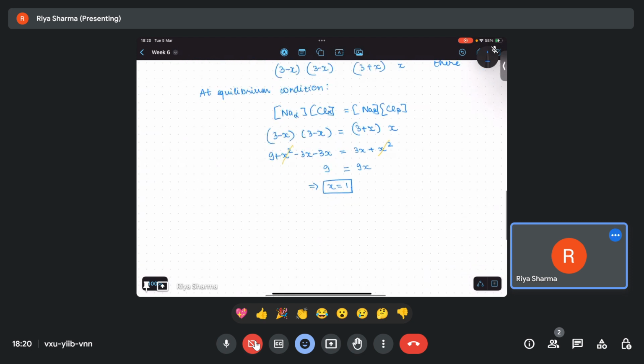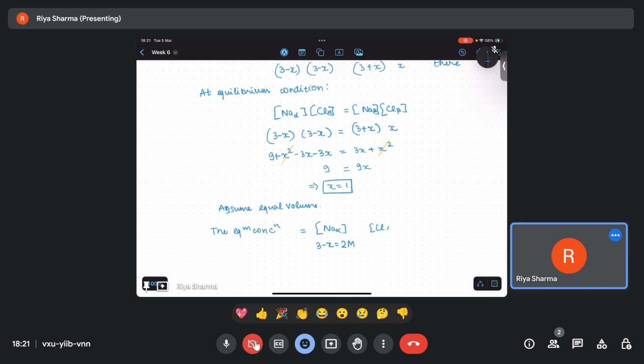So the basic assumption which was there is that we assume equal volume. So the equilibrium concentration of Na in alpha phase will be 3 minus x, which equals 2 mole.